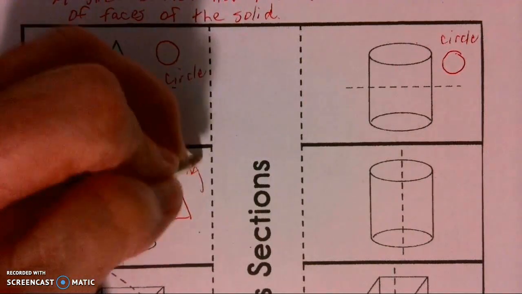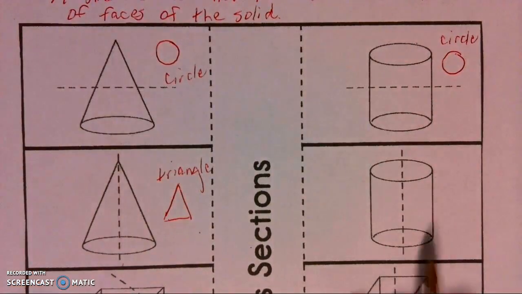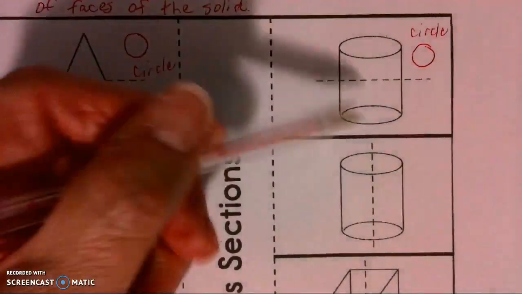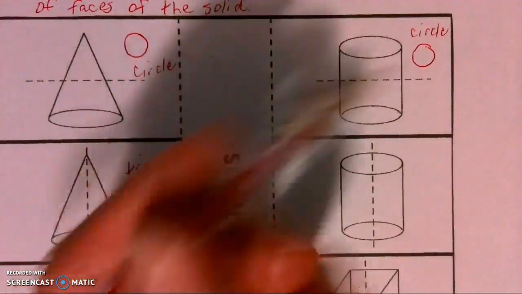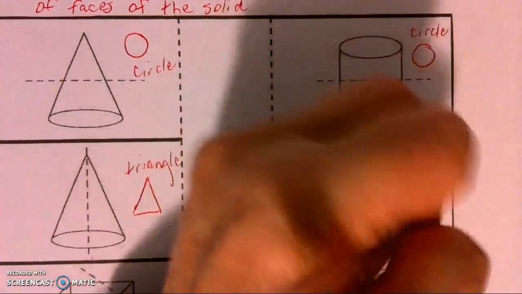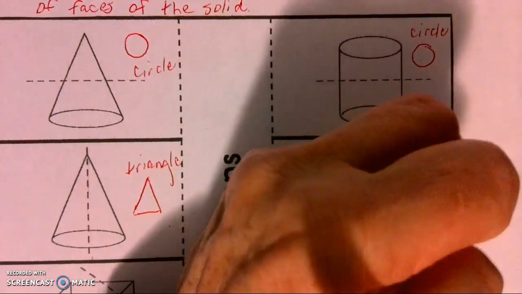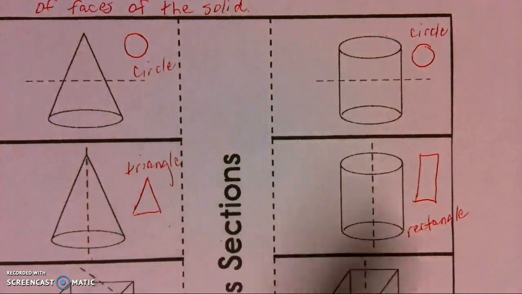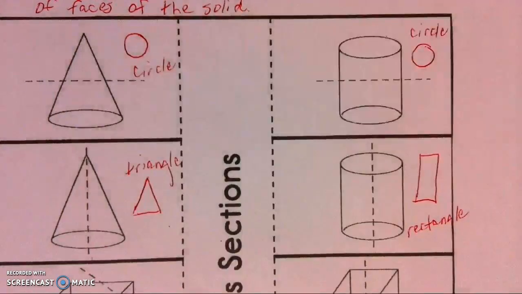And again, it's perpendicular to the base. And with a cylinder, again, I'm going to slice it, open it up and look at it. Well, that's going to look like a rectangle. So the shape of the face, when it's perpendicular to the base, is going to be what that side would look like.